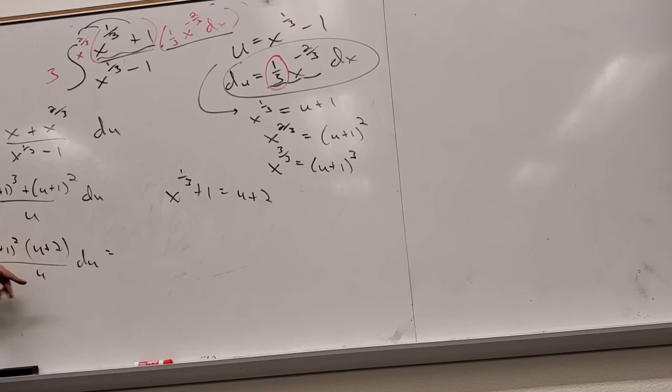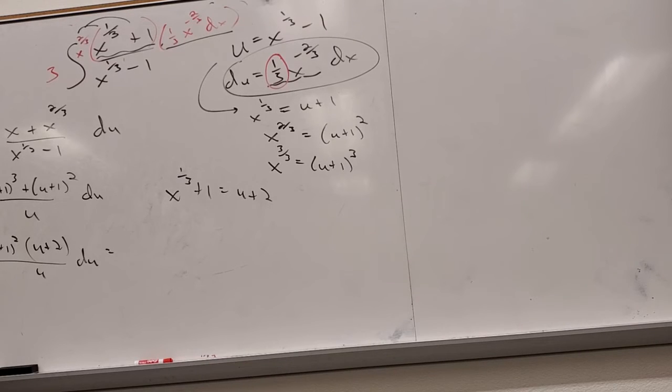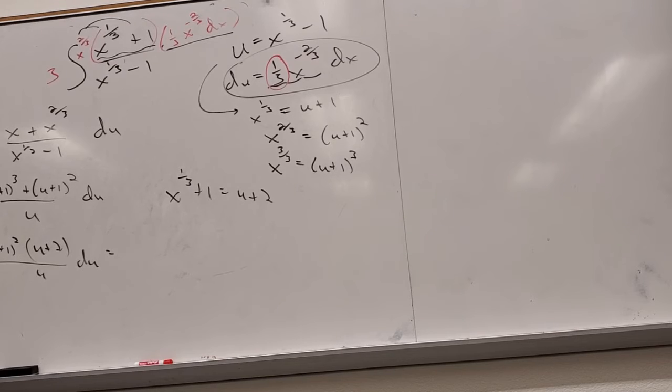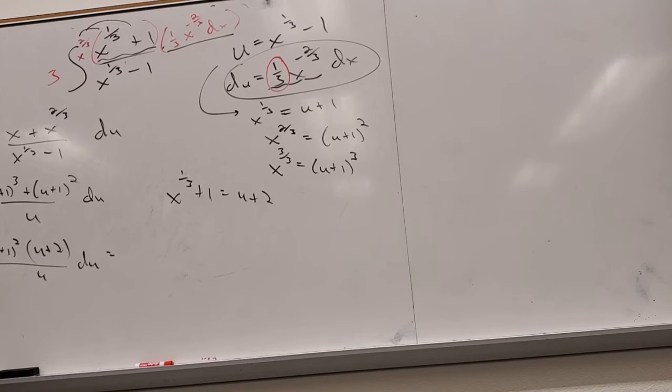You FOIL that out, bring that in, divide everything by u, then it's just power rule stuff. You could separate the fraction at the step previous, so u plus 1 cubed over u. Totally. It doesn't really eliminate work though, but you could, of course, definitely.